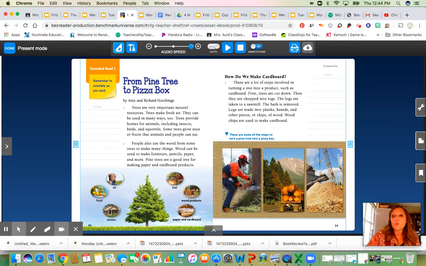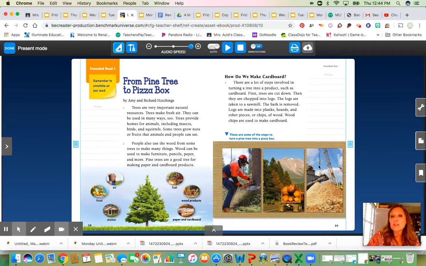All right, so question number 2 was on these three pictures. It wants to know which of these three pictures helps you to understand how cardboard is made. Well, I'm pretty sure your answer is going to be in here. And it is, little hint, it is in this paragraph.